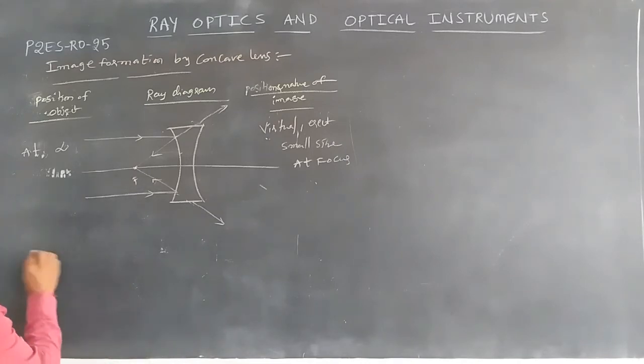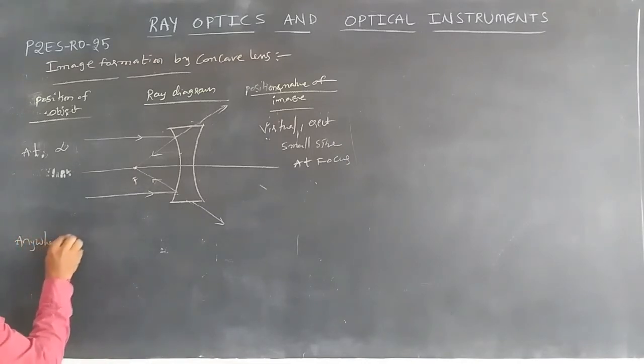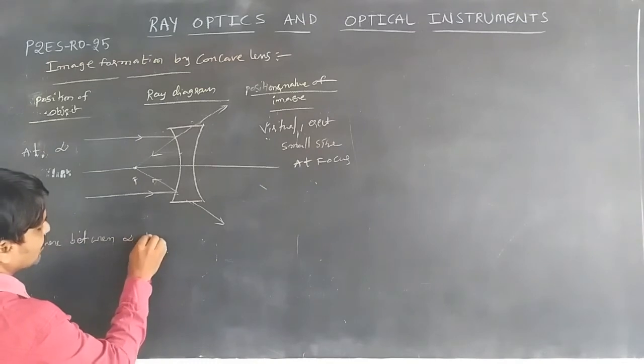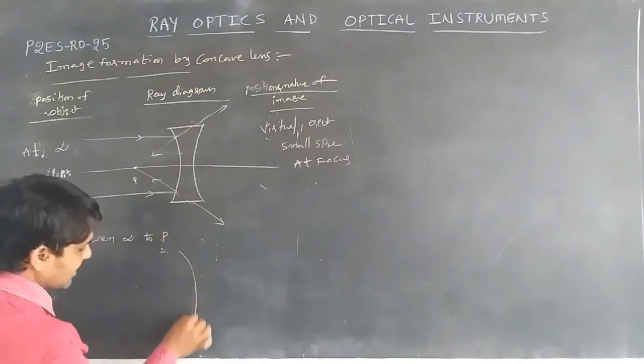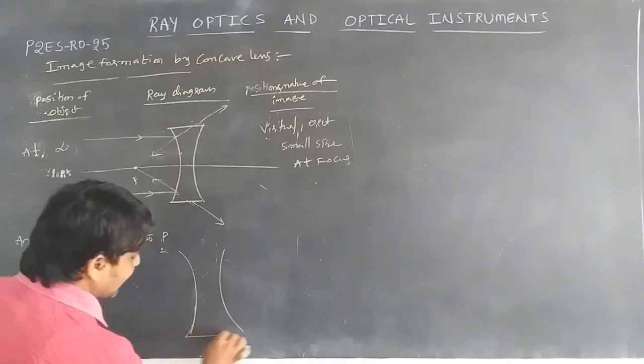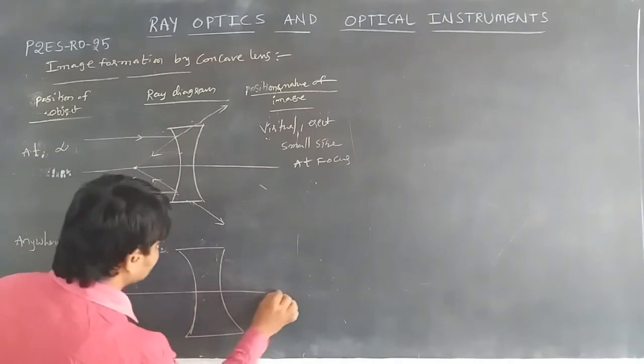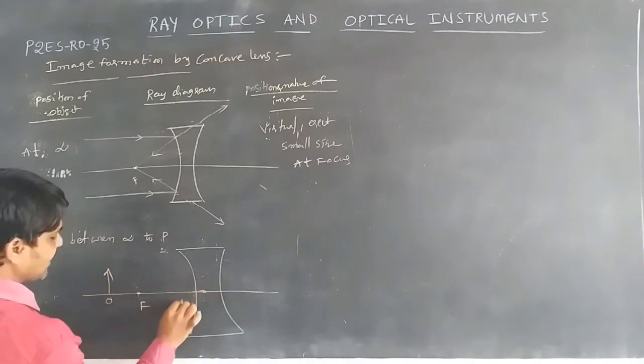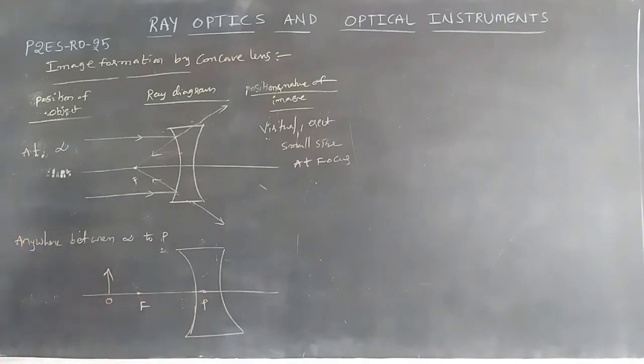If the object is placed anywhere between infinity and p on the principal axis, with f and p marked, then the image will be formed between the focus and pole.